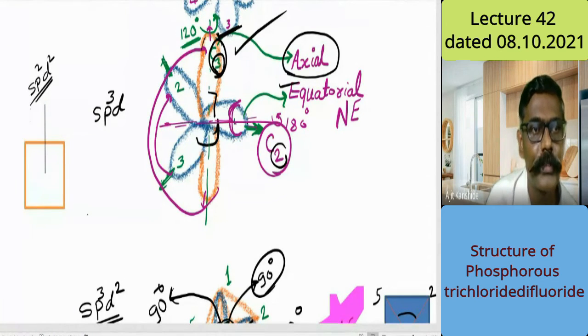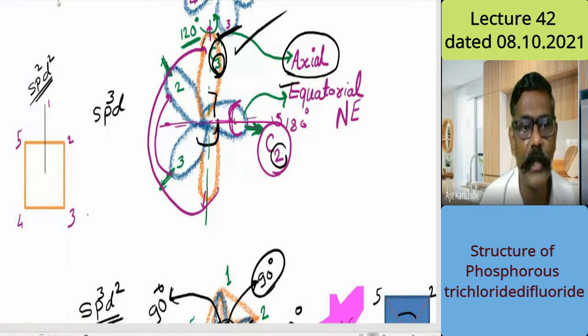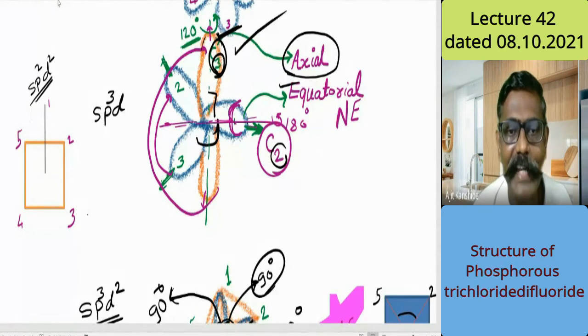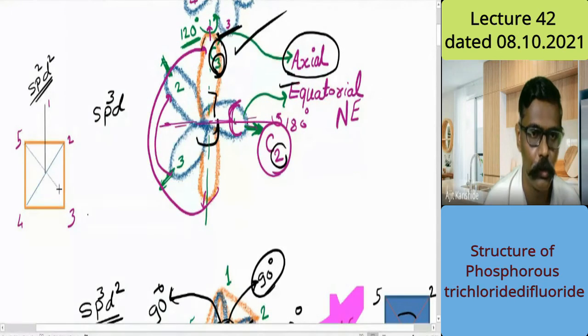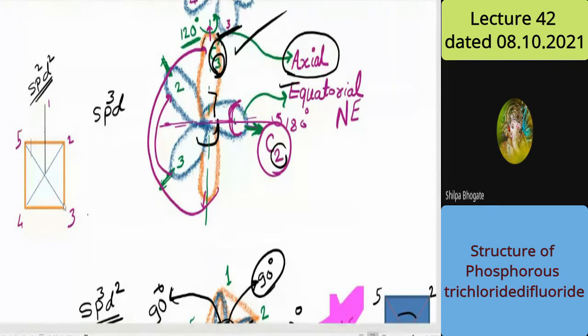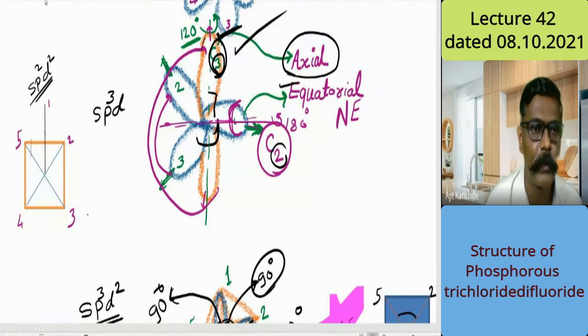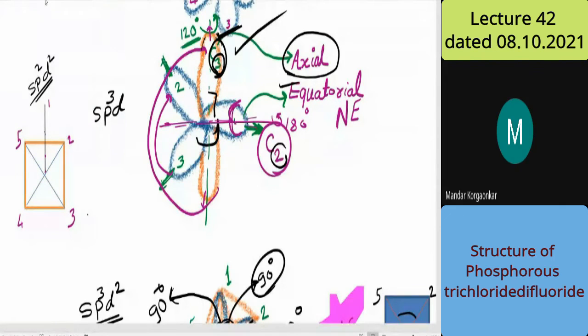So the positions will be position number 1, 2, 3, 4, and 5. Now answer my question: are these positions equivalent or non-equivalent? Equivalent. Equivalent. Okay, fine.